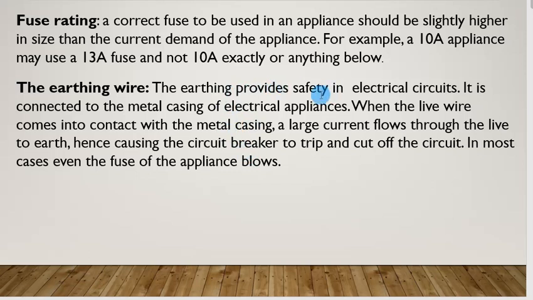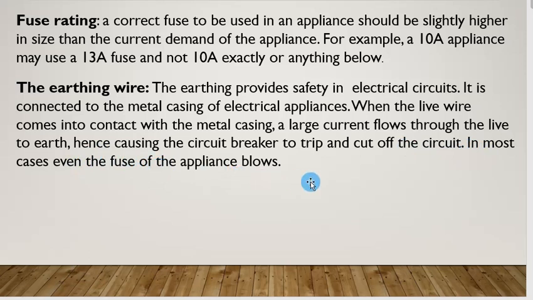So the earthing provides safety in electrical circuits. It is connected to the metal casing of electrical appliances, and when the live wire comes into contact with the metal casing, a large current flows through the live to earth, hence causing the circuit breaker to trip and cut off the circuit. And in most cases, even the fuse of the appliance blows.